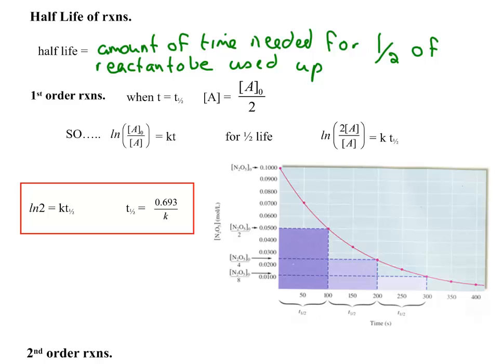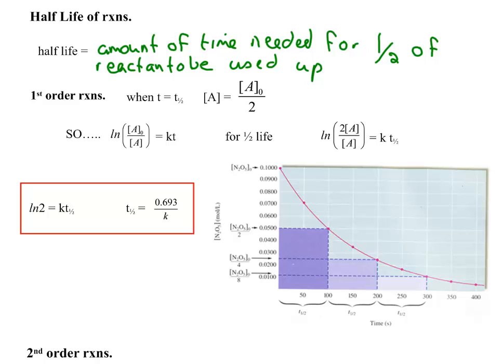If I start with first order reactions, when the time I'm interested in equals the half-life time, so when t equals t1/2, my concentration of reactant is equal to half of my initial concentration, and that's simply what that equation says.